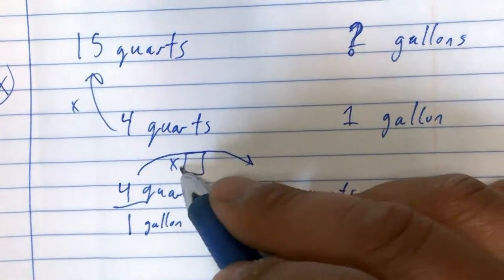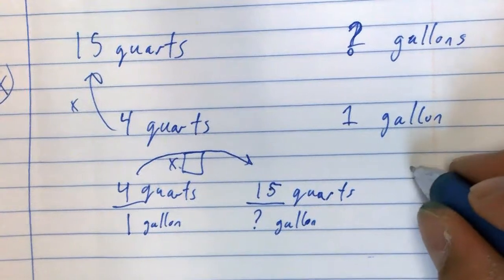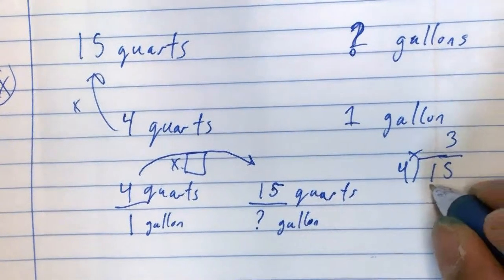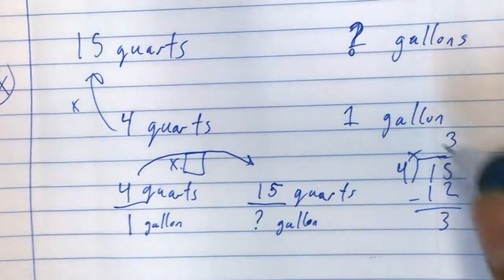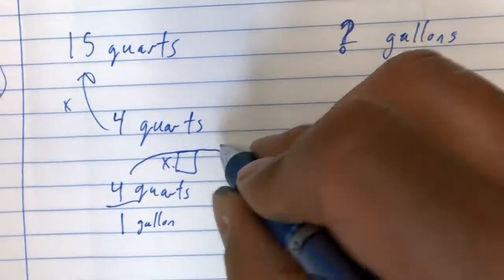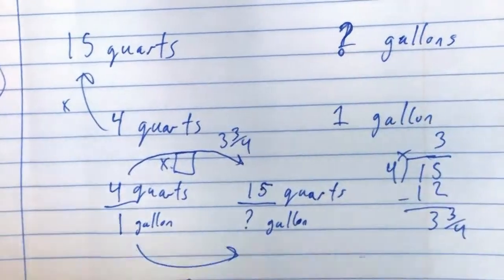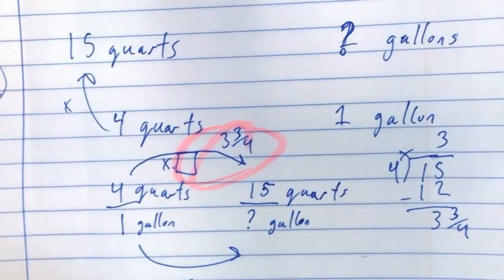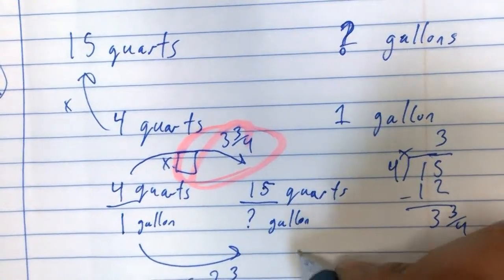Well, guess what? You're going to have to divide 15 by 4. Don't worry. I think some of you might see where I'm going with this. Oh, yeah. Didn't we already do this? But 1 times that, of course, is going to give you.